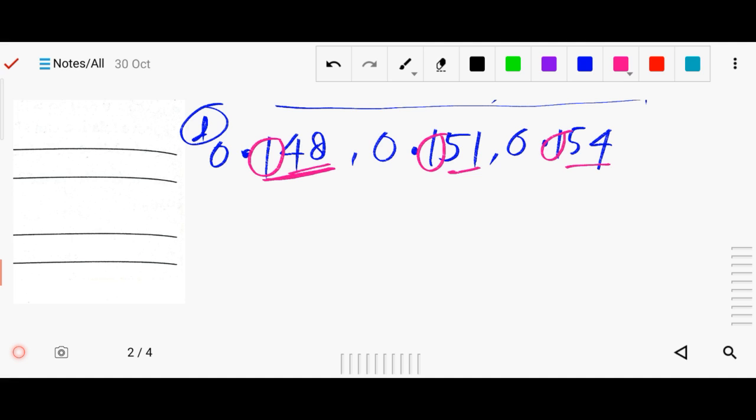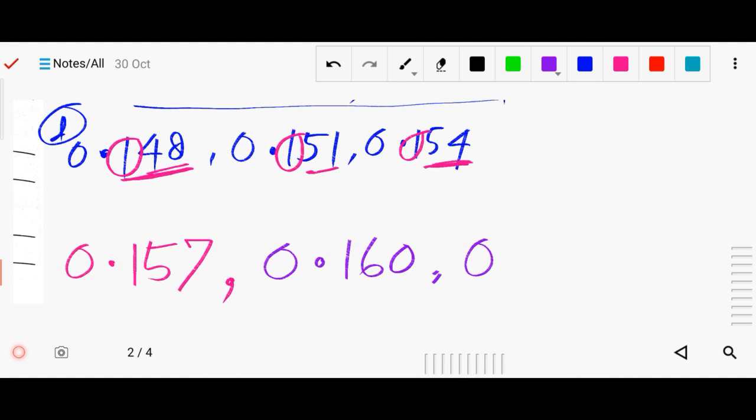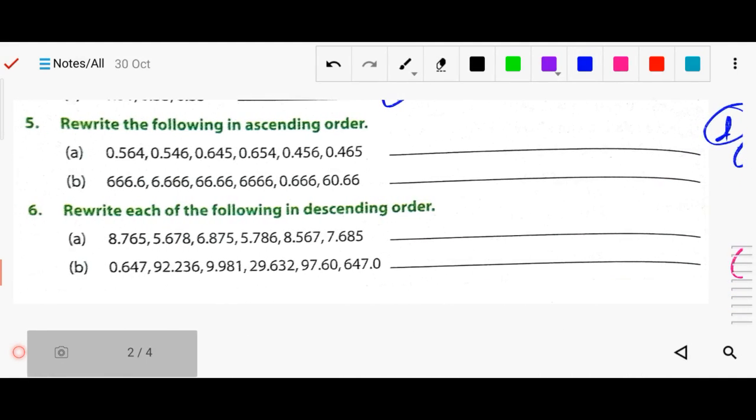So we have to increase by 3. After 154 it will be 157. Next again 3, 157 plus 3 is 160. Next again 3 increase, so that will be 163. This is your answer. So 3 is increasing, this is the pattern. In this way you have to write.